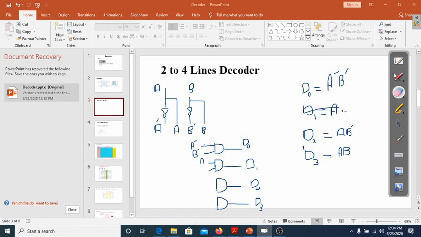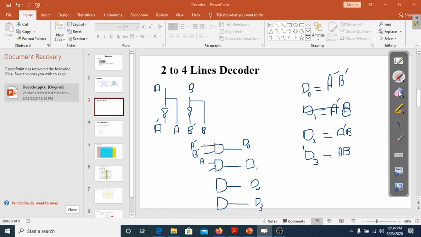Here D1 would be equal to A into B prime and D2 is equal to A prime B. So here I will connect with this A. I'm sorry, the previous combination was okay.